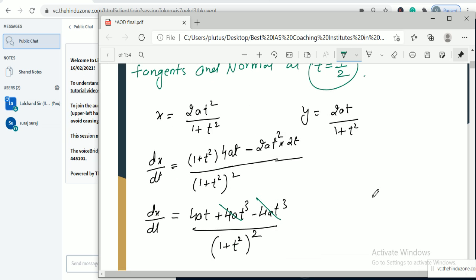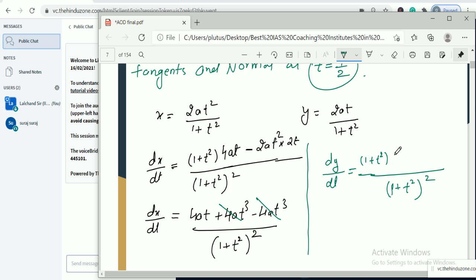So if we need to differentiate this y with respect to t, our dy by dt value will be, again using the same rule, 1 plus t square whole square. Then what is the differentiation of this? 2at minus, then 2at will be the same. And what is the differentiation of this term? 2t, isn't it?